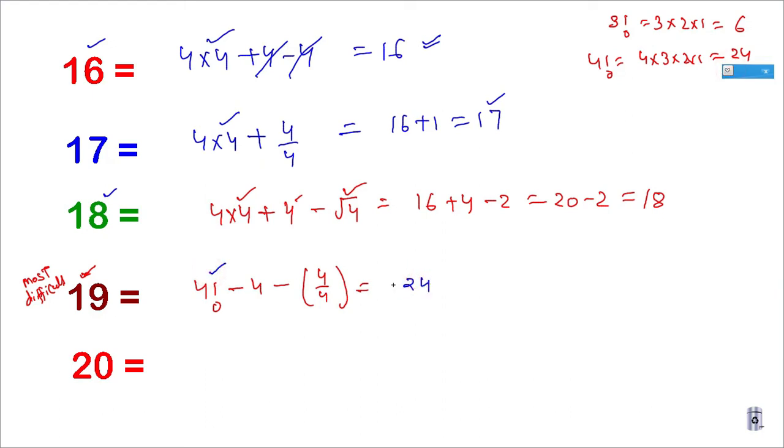See, before 11th standard none of you would have understood, the reason being factorial first comes in 11th class. This is the symbol, right? If I minus 4, that is 20. This 4 by 4 is 1. So 24 minus 4 plus 1, this is 19.